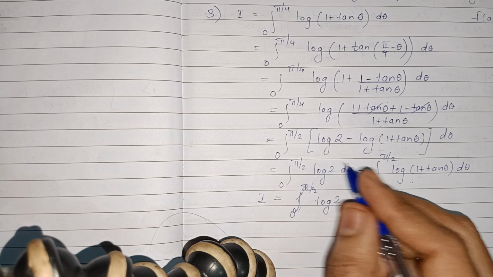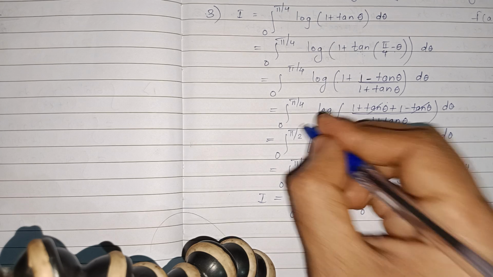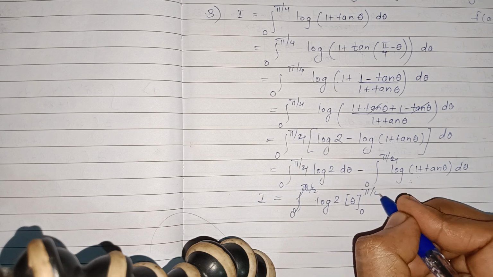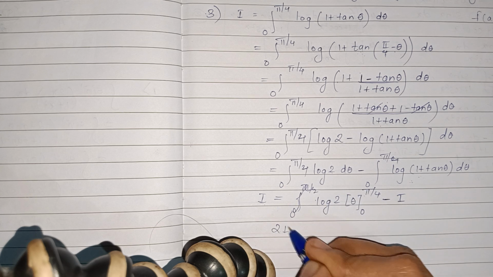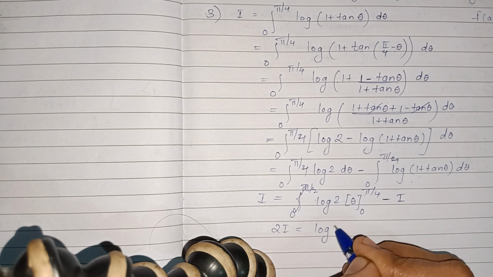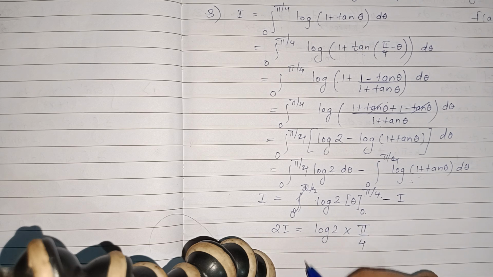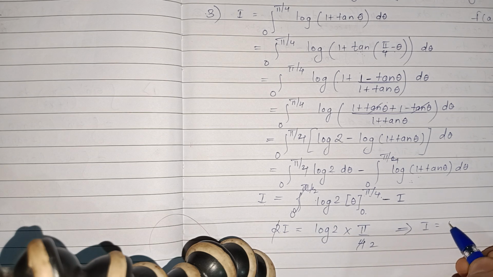So integration of 1 is theta. Sorry, this is pi by 4. So if I take this minus I this side, so I plus I, 2I is log 2 into pi by 4 minus 0. Okay.